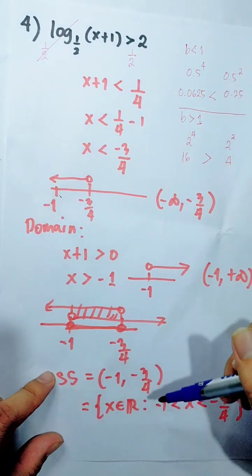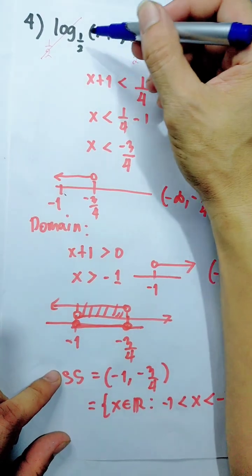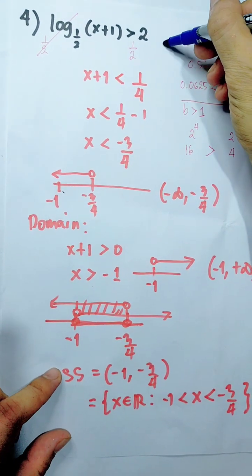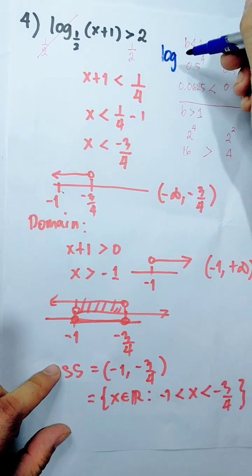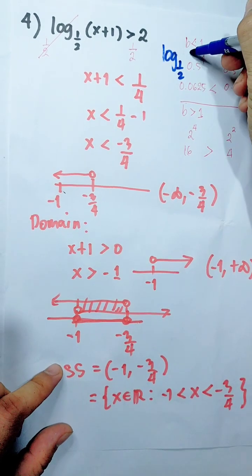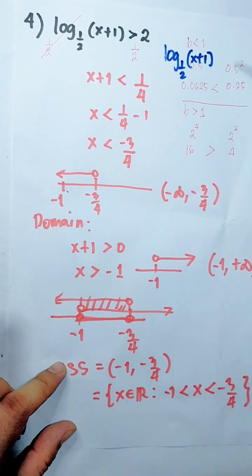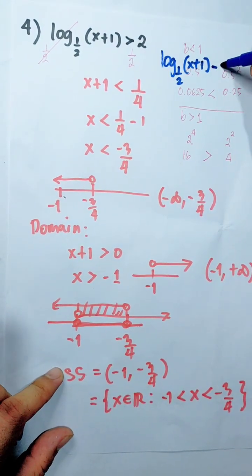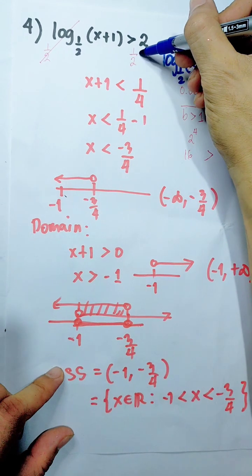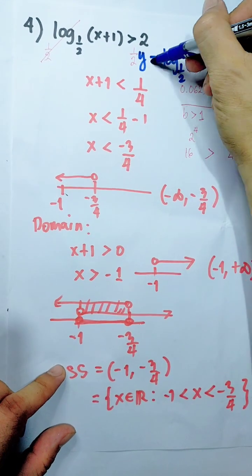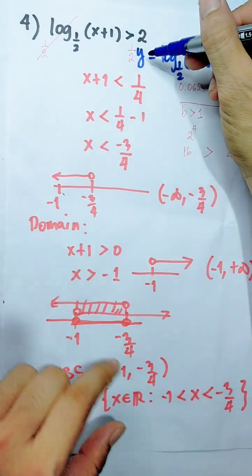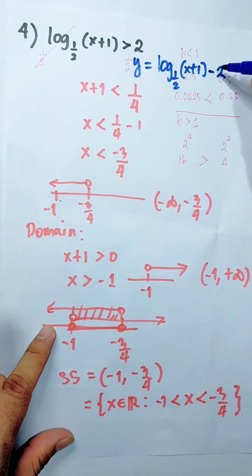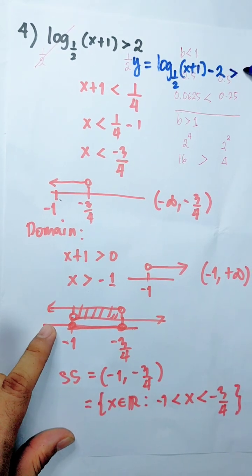Let's verify our solution set. So let's express it again as an equation. We have log of base 1/2 of x plus 1. Then let's move this to the left side, that's minus 2. And let's express this as an equation, y. Alright, now we're looking for the value y that is positive.